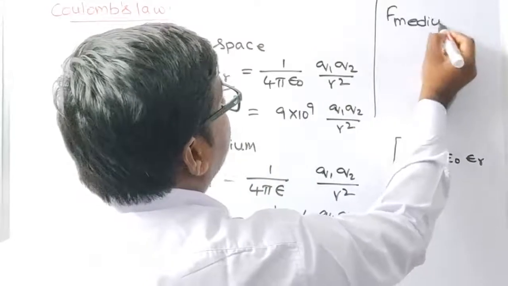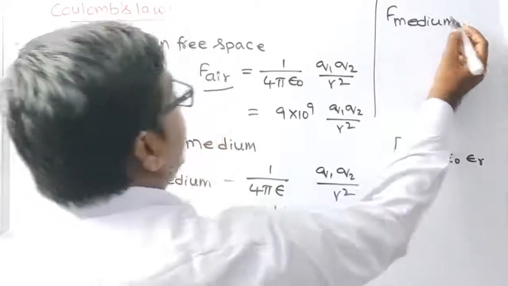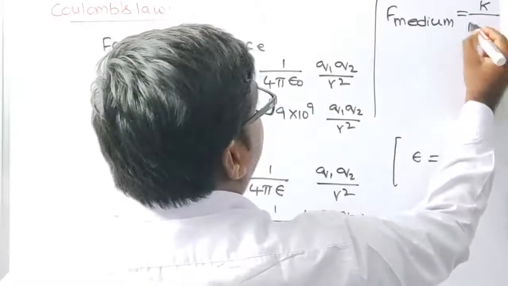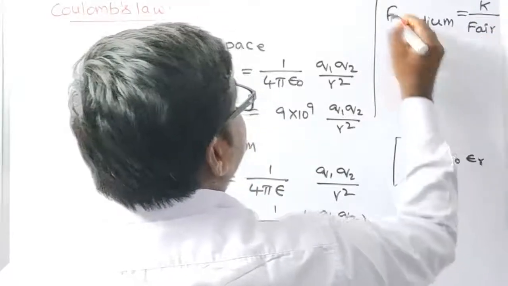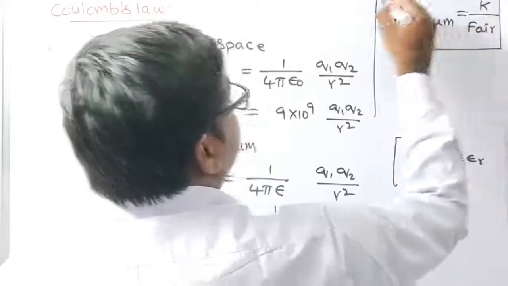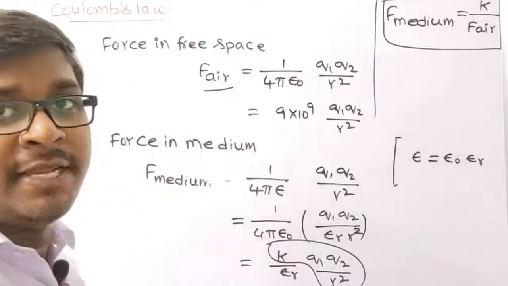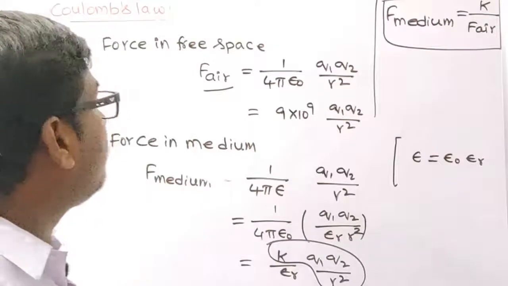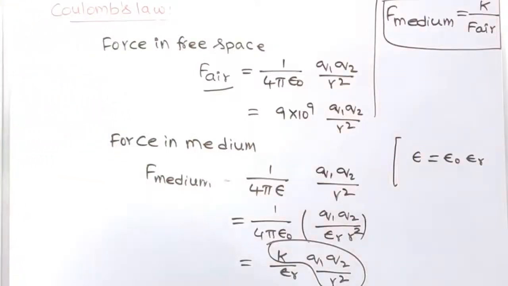The force in medium is equal to k by the force in free space. F medium is equal to F air by k, where F air is the force in free space or force in vacuum or force in air.